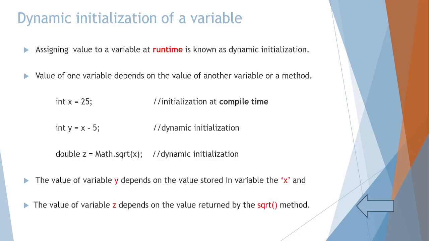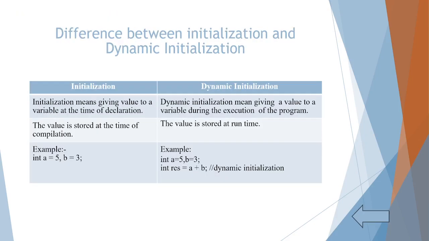First of all, x is stored. Then that x value is retrieved. Then the calculation, that square root, and then it is stored in z. This is dynamic initialization.